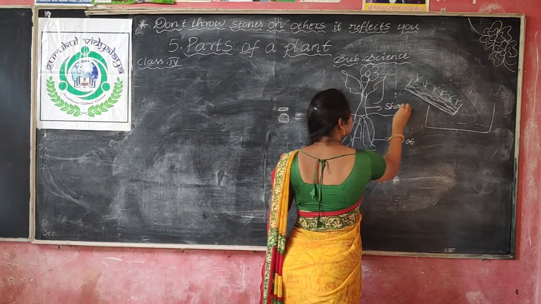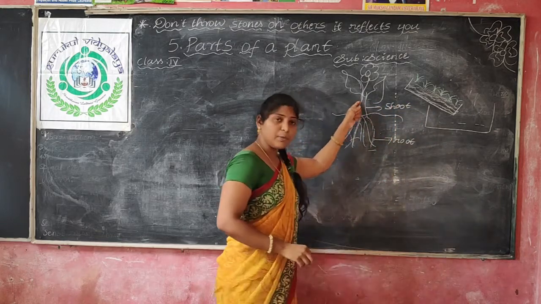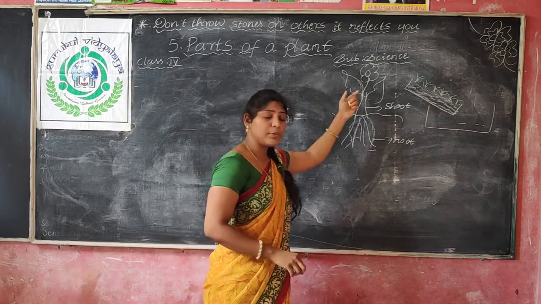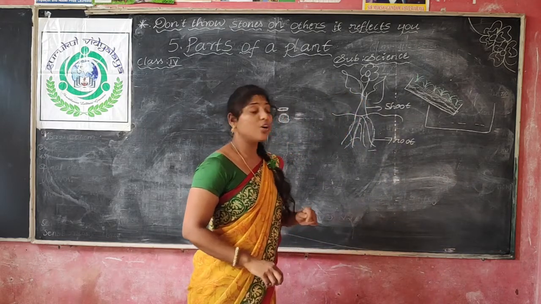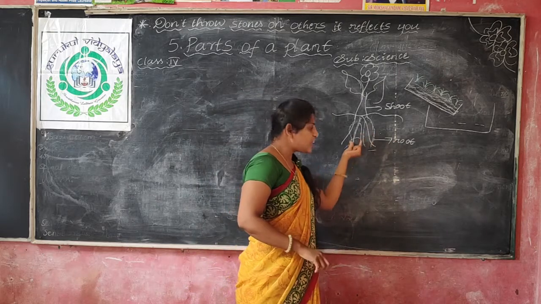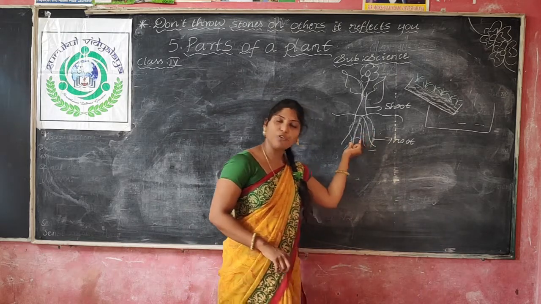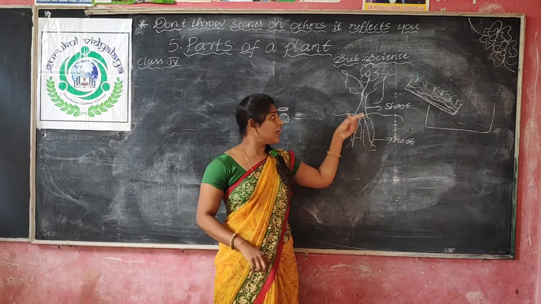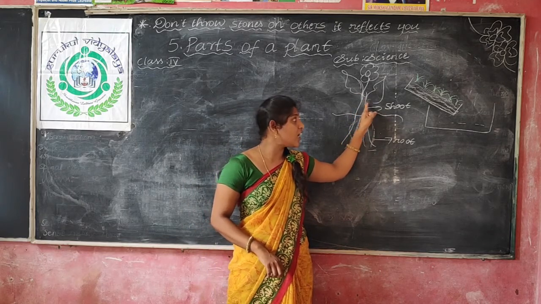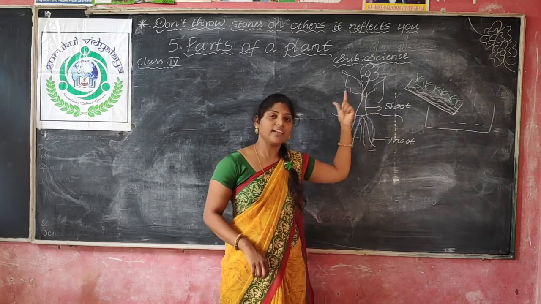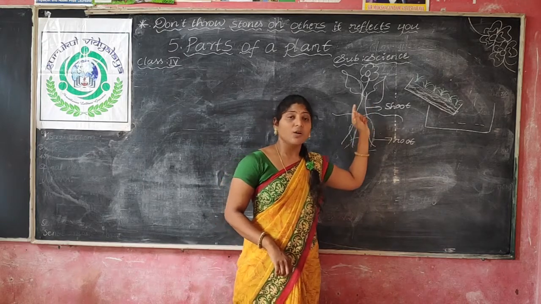Here leaves will be there, branches will be there, buds will be there and flowers will be there. The down part of the plant has only the root. But the upper part of the plant has the branches, stems, leaves, flowers and buds.